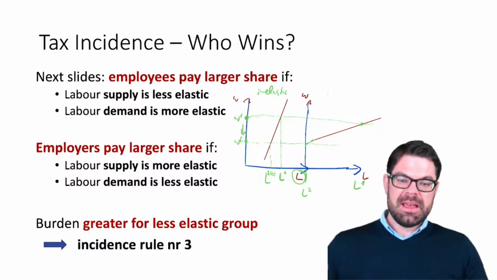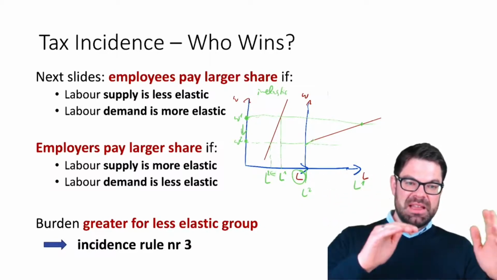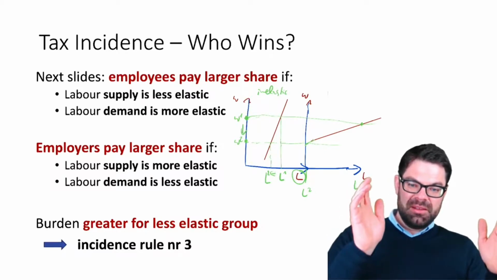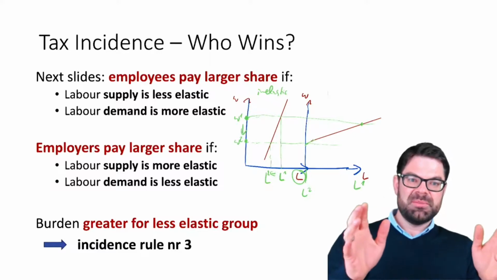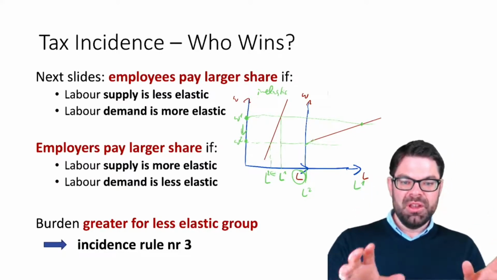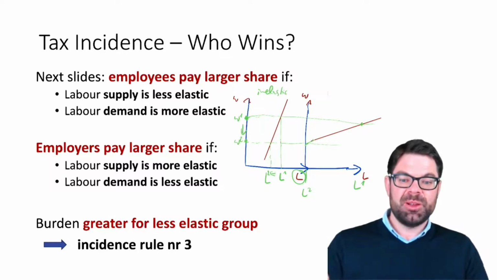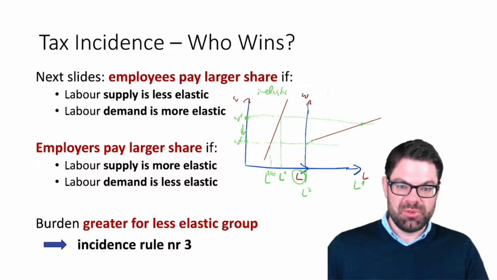And so the elasticity of the demand and supply curves determines which side of the market actually pays the greater economic cost of a tax. That's incidence rule number 3.